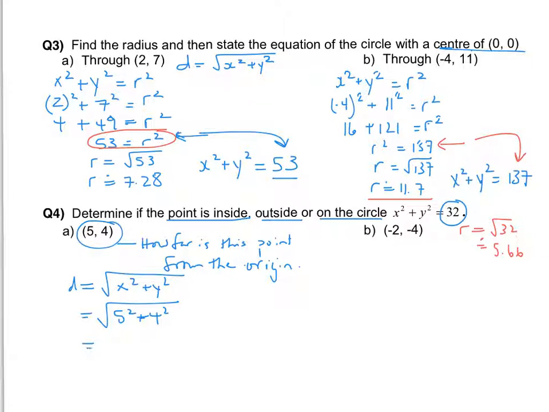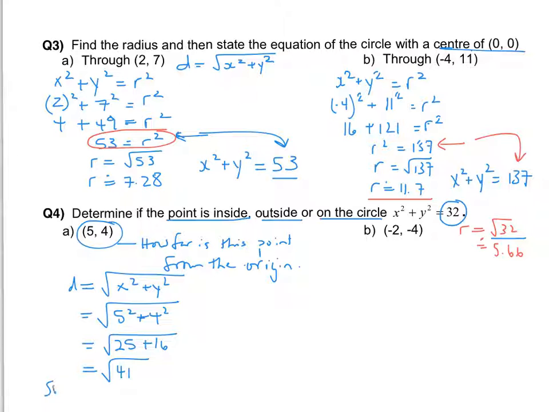And that would give us 25 plus 16, and 25 plus 16 is 41. So the distance this point is from the origin is bigger, or longer, than the square root of 32. So this one would be outside of the circle.